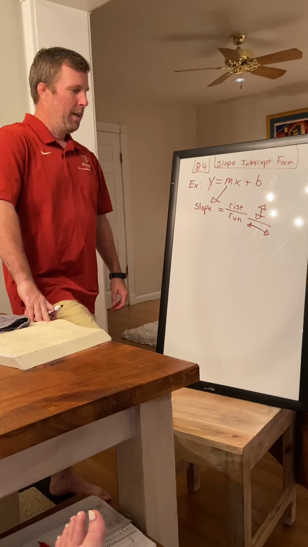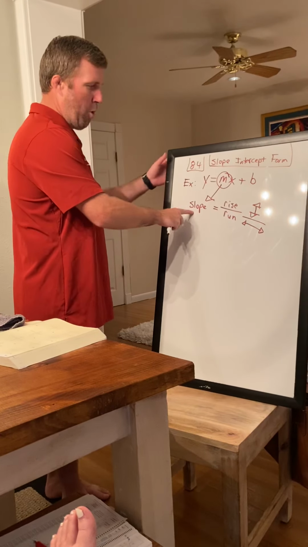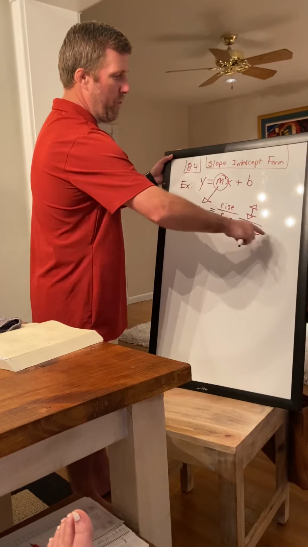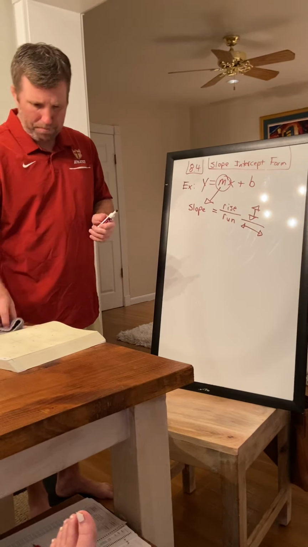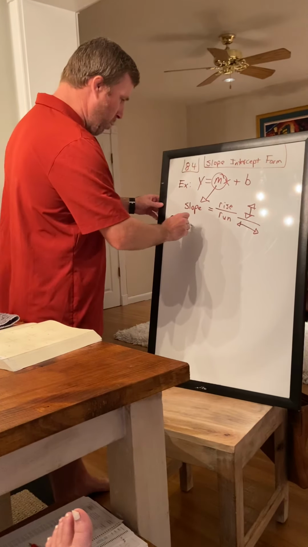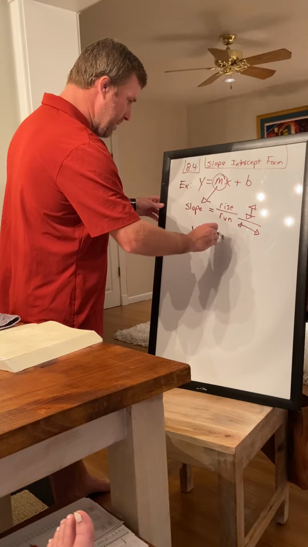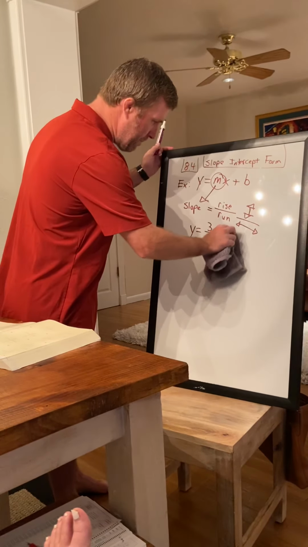So the m in our formula is the slope. Slope is rise over run, the up or down over the left or the right. So let me show you what I'm talking about. I think the one we just did was y equals 3 over 2x minus 5, I believe it was.